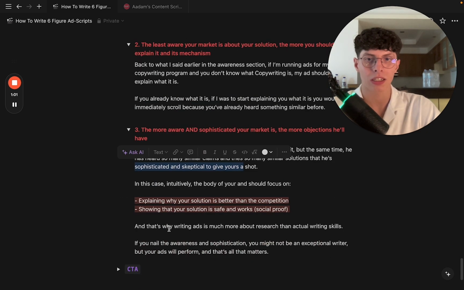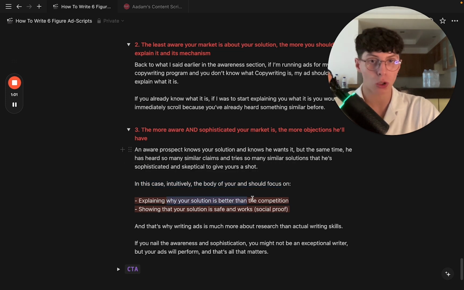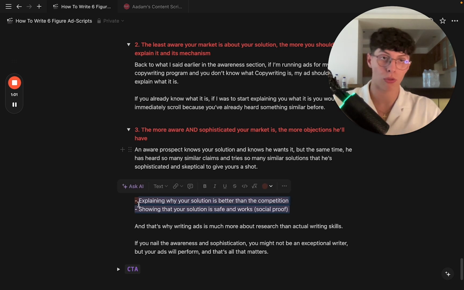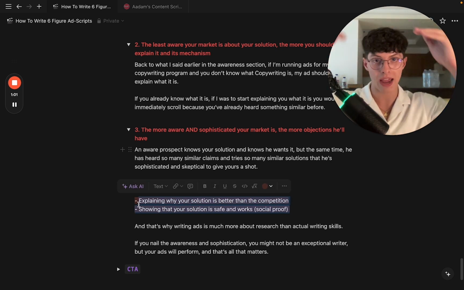So in this case, the best thing to do in your body is explain why your solution is better than the competition and show that your solution is safe and that it works. Simple, social proof. So this is what you would do when both sophistication and awareness are very high.